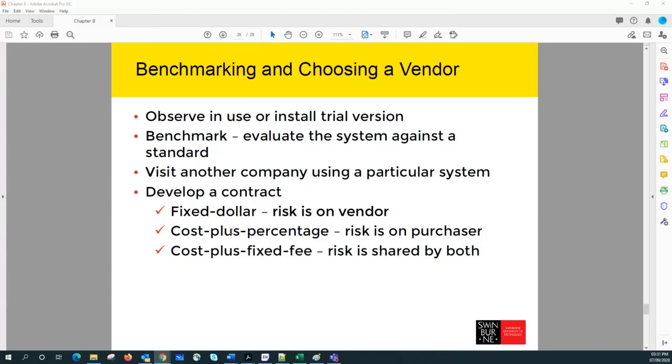Or we can have cost plus percentage, where the purchaser takes the responsibility for the increased cost, so whatever the increased cost, the purchaser takes the risk. And then we have cost plus fixed fee contracts, where the risk is shared equally by the vendor and the purchaser. These decisions are probably determined by both parties in a discussion, and it actually takes a lot of time.